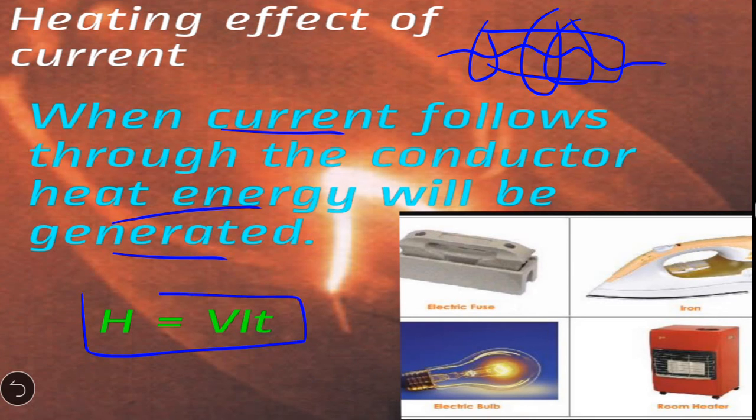The formula is H is equal to V into I into T. It is the formula to calculate the heat produced when a current is moving in a conductor. The appliances are given here that we see in daily use, such as electric fuse, electric bulb, iron and room heaters are the examples.